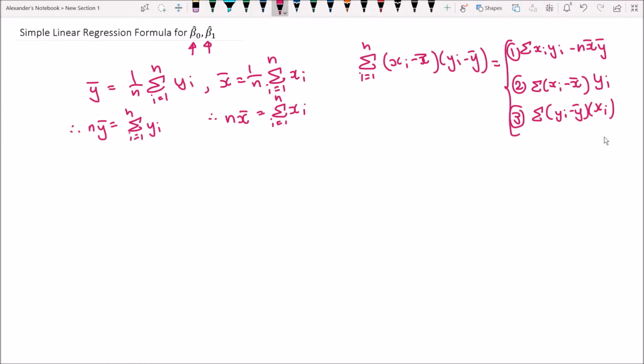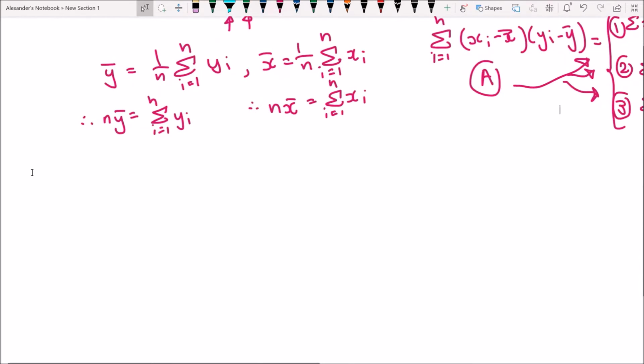So let's go about actually showing how this equation, let's just name it A, can become 1, 2, or 3. Firstly, let's take A and write it over here in the corner. We have the summation of (xi minus x bar) times (yi minus y bar) from i equals 1 to n.